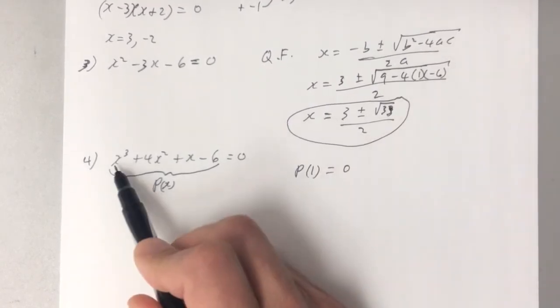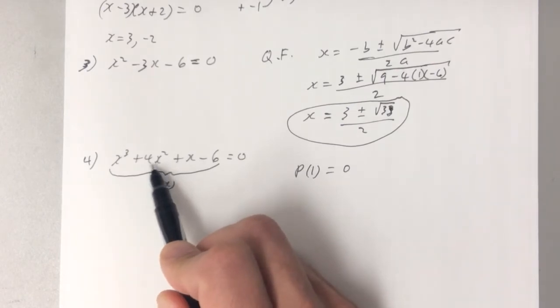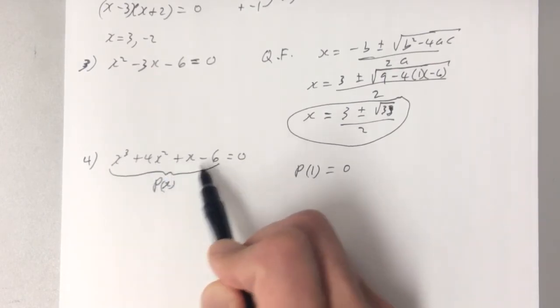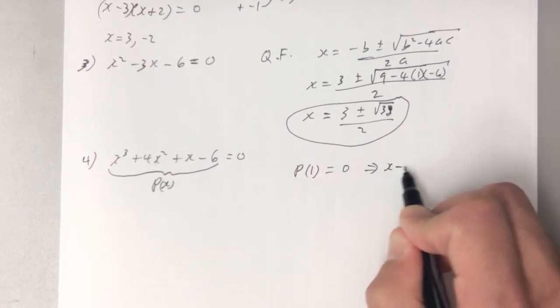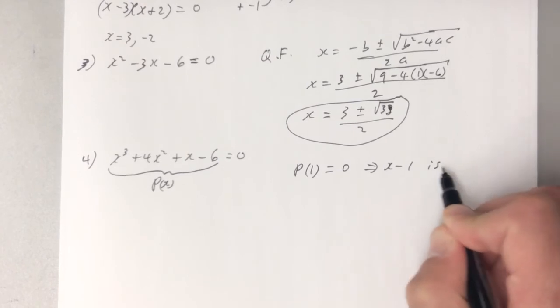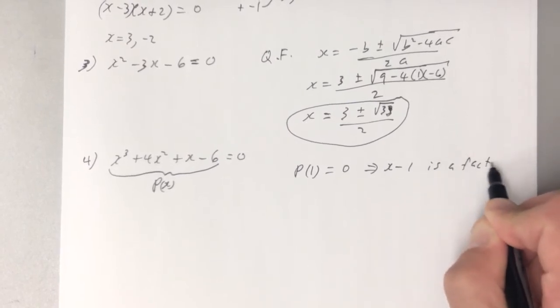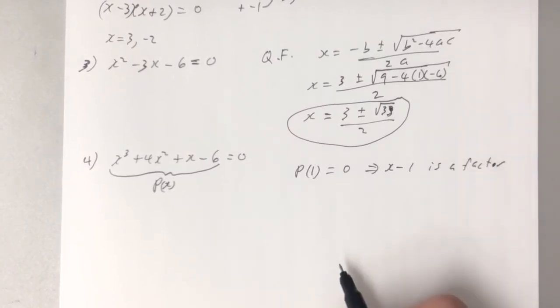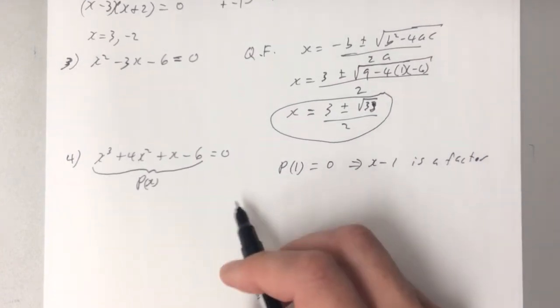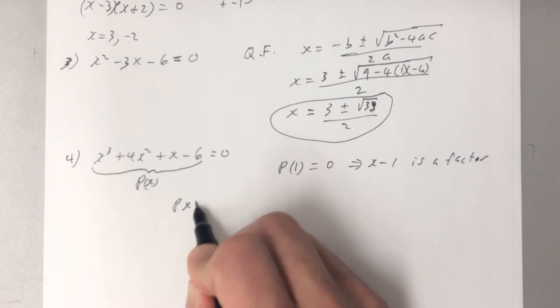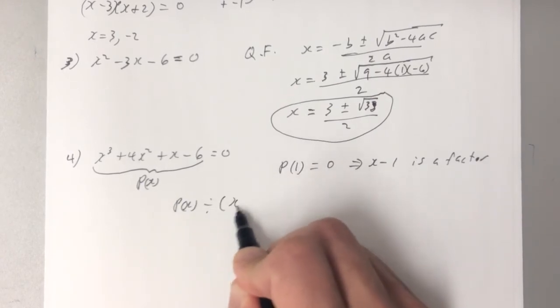You can check this out: 1 cubed is 1, plus 4 is 5, plus 1 is 6, minus 6 is 0. p of 1 is 0, which implies that x minus 1 is a factor. So we're going to divide p of x by x minus 1.